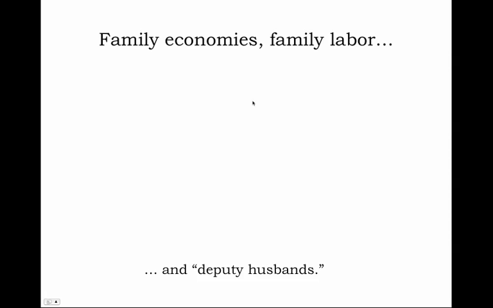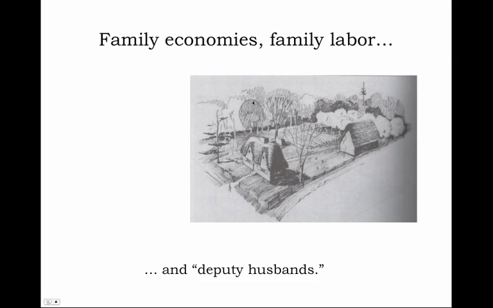Women naturally held a certain status, a practical status, as one historian has referred to them, as deputy husbands. And that's because so much of the daily labor, so much of daily life, depended on the labors of the Puritan wife.